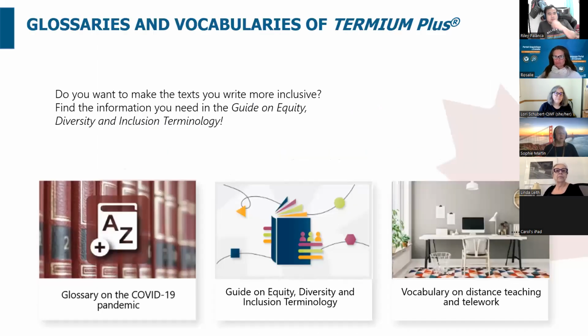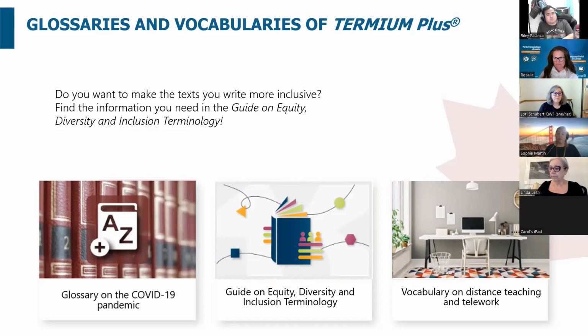Now, the Translation Bureau also provides a collection of glossaries and vocabularies, which are incorporated into Termium Plus. So anything you would look up in these glossaries and vocabularies is already downloaded into Termium Plus. But the glossaries and vocabularies can have their use.